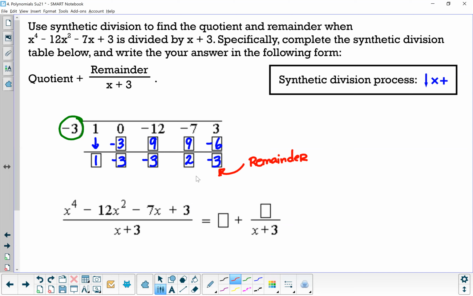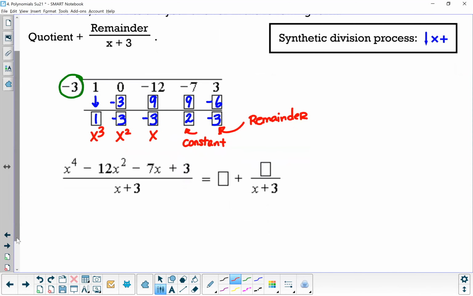Two is our constant. Then we have the negative 3 is the coefficient for x, negative 3 is the coefficient for x squared, and then 1 is the coefficient for x cubed. All right, so in this box here, you want to put your quotient.